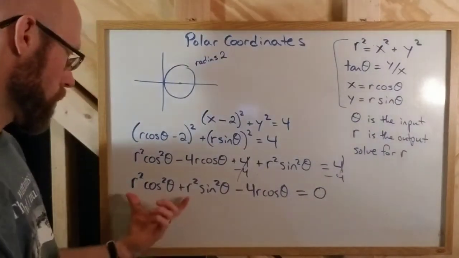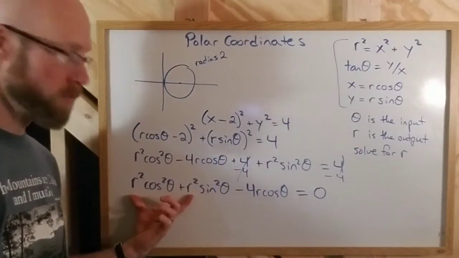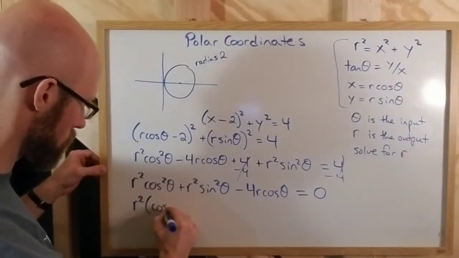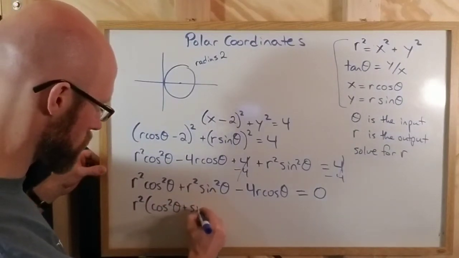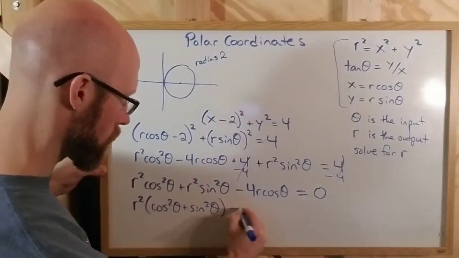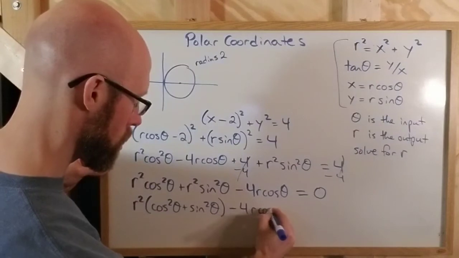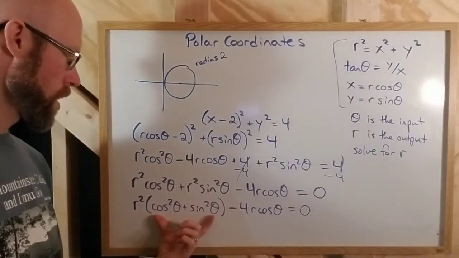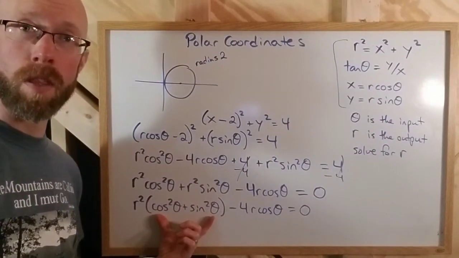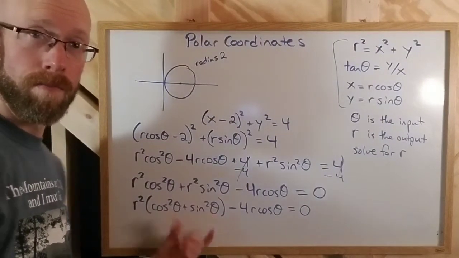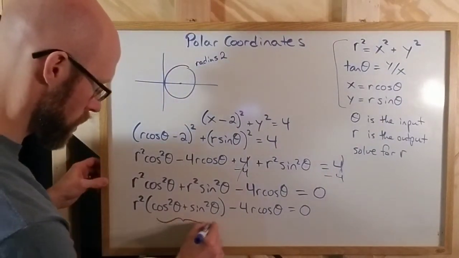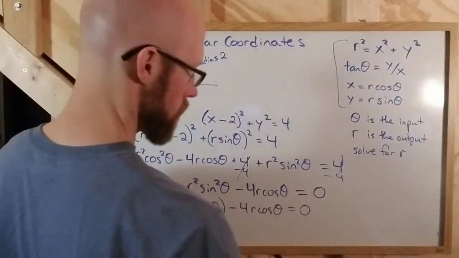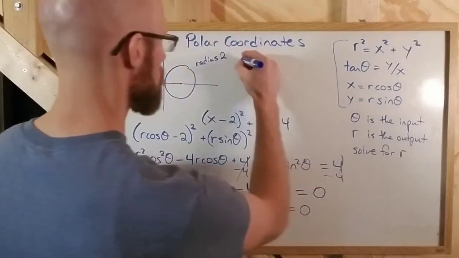At this point, if I pull out the r squared from here, I get r squared times the cosine squared theta plus the sine squared theta. Hopefully this might look familiar. Cos squared plus sine squared is a Pythagorean identity. It's equal to 1. So if this thing is equal to 1, then we just have r squared. Now I'm going to need a little more room. Take it up top.